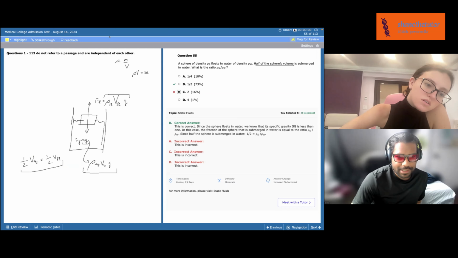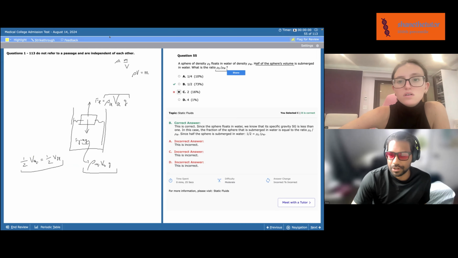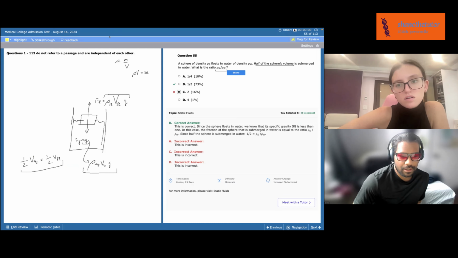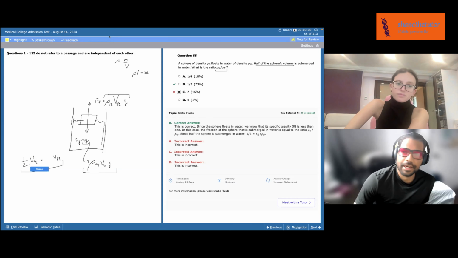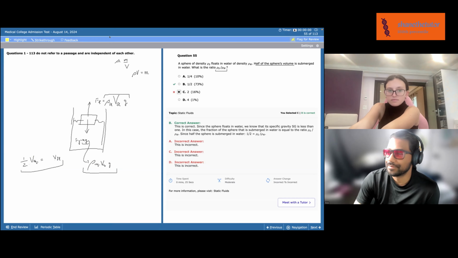If they're asking for the ratio of the sphere to the water, yeah, sorry, I made a mistake here. The volume of the fluid displaced is equal to one half of the volume of the object.